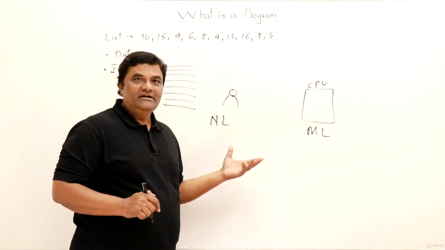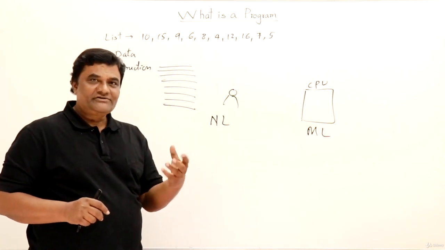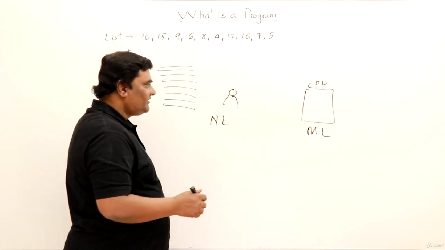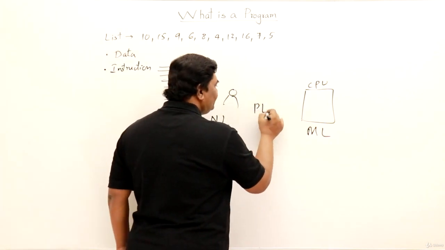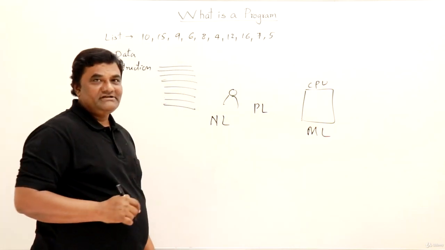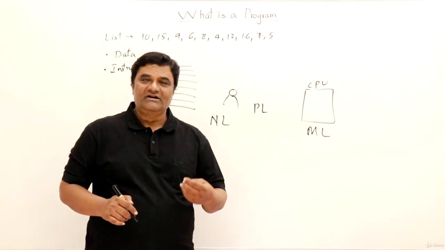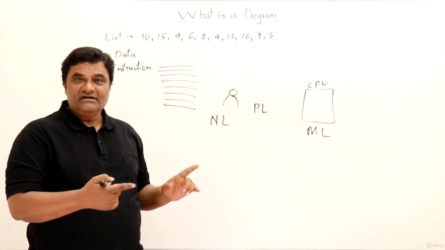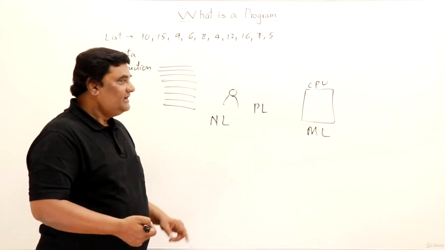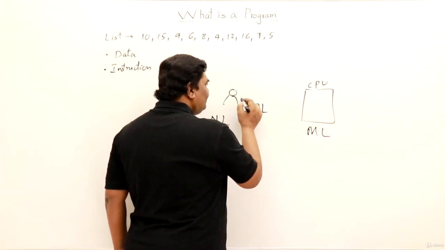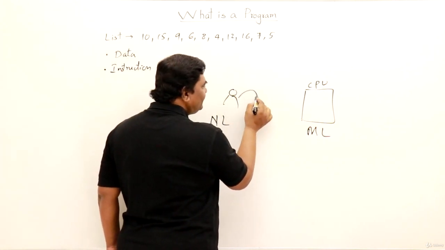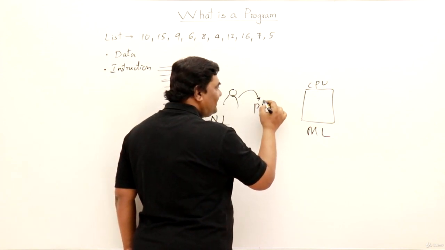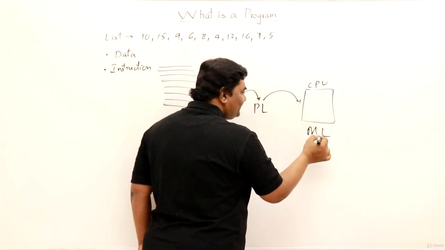Then what do we need now? We need some intermediate language that is easy for me and also easy for the machine. So that's where programming languages come in. The programming languages that we use, like C, C++, Java, C#, VB, Python, all these come under programming languages. So we learn this language and whatever our procedures are, we transform them into this form, and these languages will help us transform that procedure into machine language.